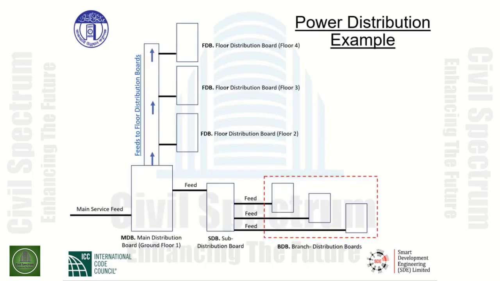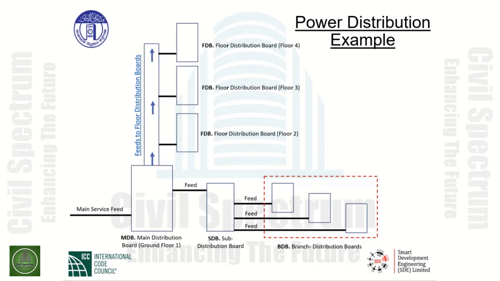As an example, we have a power distribution system indicated in the diagram. From the left lower side, we see that the main service feed enters the main distribution board on the ground level floor.